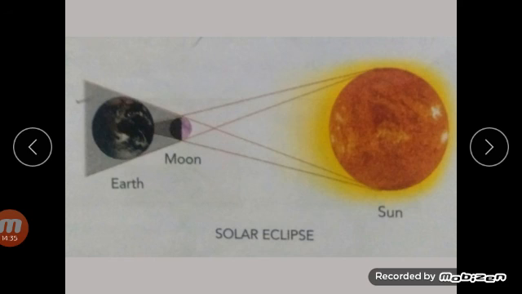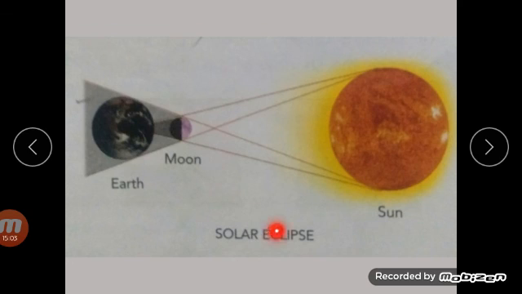This result is blocking the view of the sun or the moon for some time. When we cannot see the sun or the moon for such a reason, we call it an eclipse. What is an eclipse? When we are not able to see the sun or the moon for some time. Why? Because they all are in a straight line. So the moon and earth block the light of the sun. So that is called an eclipse.